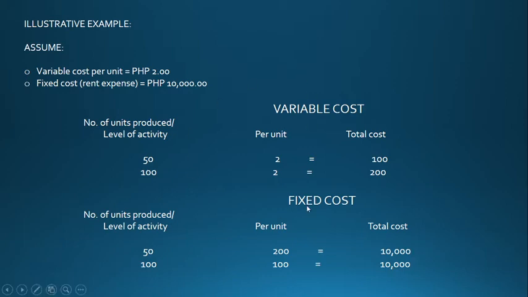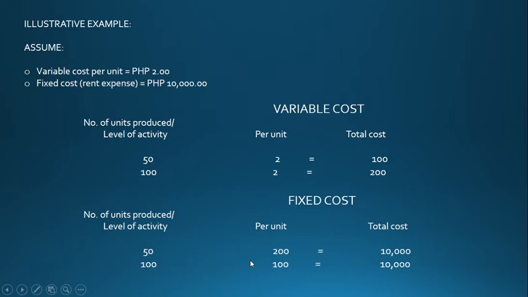So kung ma-observe ninyo sa ating fixed cost, total fixed cost, still it is 10,000 regardless of the number of activities produced. Pero, ang nag-iiba dito ay yung per unit fixed cost. So, at the level of 50, yung per unit fixed cost is 200. At the level of 100 naman, it is at 100.